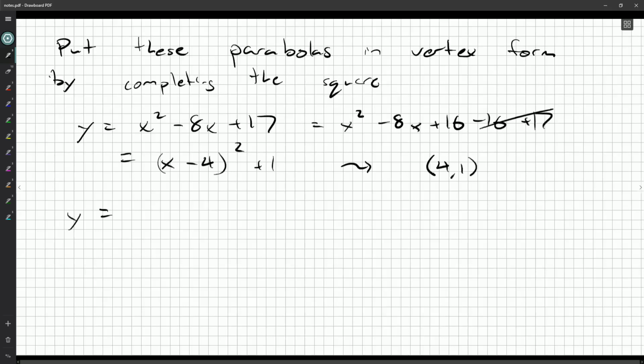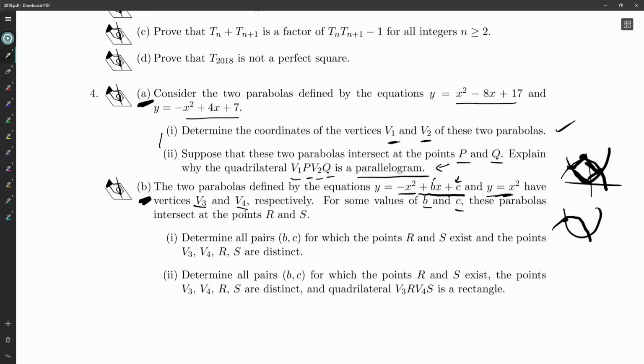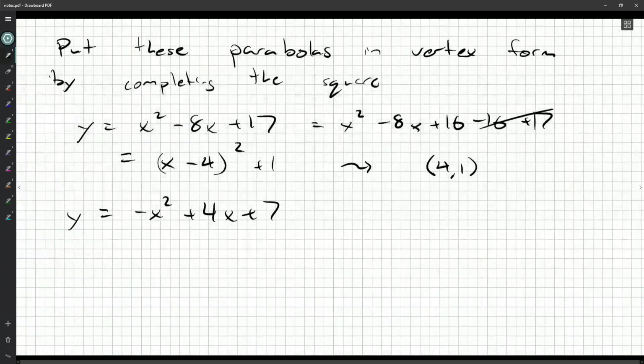And then we've got negative x squared, I think it was plus 4x plus 7. Okay, good. So we'll do minus, and then x squared minus 4x plus 7. And so minus 4 divided by 2 is minus 2. Minus 2 squared is 4.